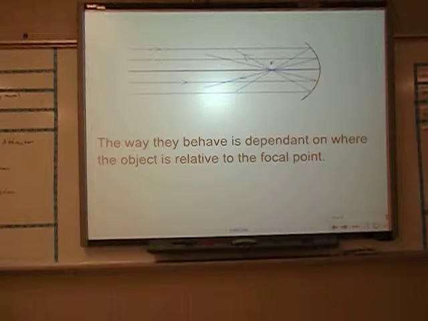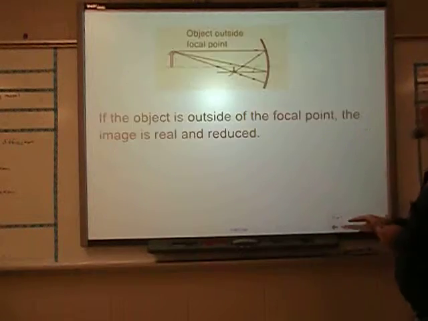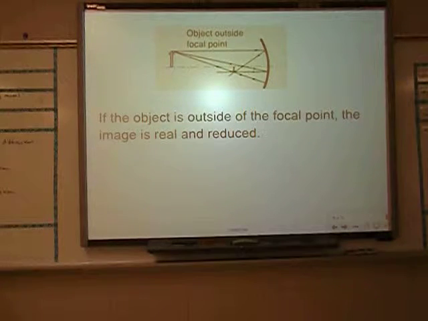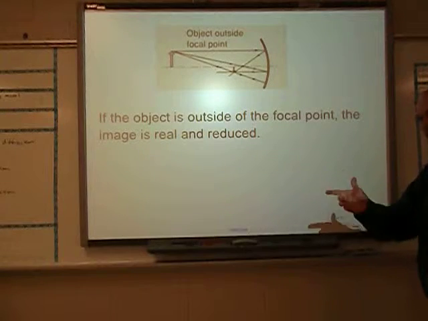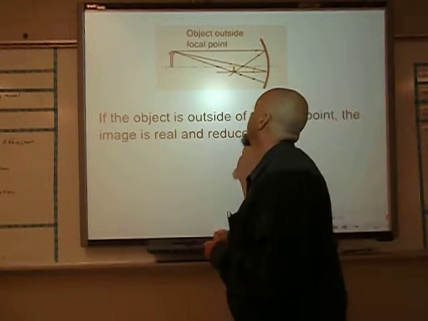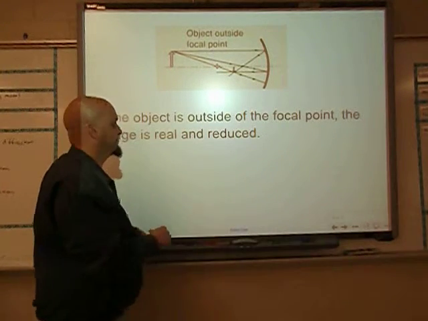The type of image that a concave mirror will produce depends on where the object is relative to that focal point. If the object is outside the focal point, and that's just another way of saying further away from the mirror than the focal point. Focal point of this mirror is right there.